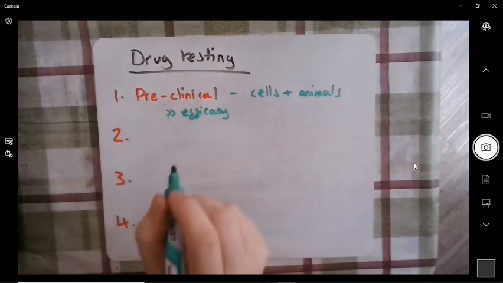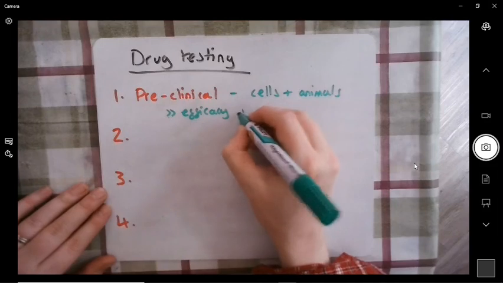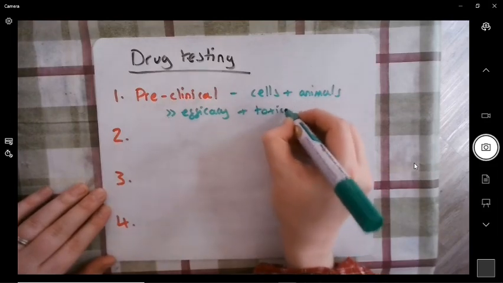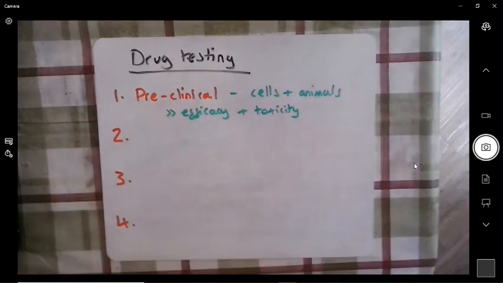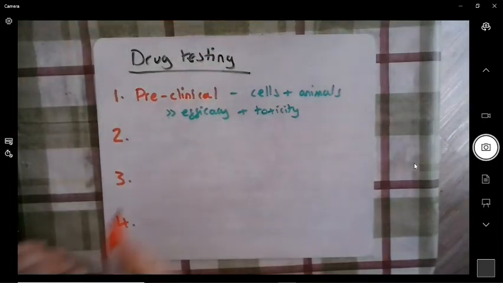Does it work? Does your drug destroy the cell, or do what it's supposed to do at a cellular level? And we're also looking to see if it's toxic or not. Is the drug toxic? Does it kill cells that it doesn't need to? And if it passes those stages, it will begin to be used on clinical trials.